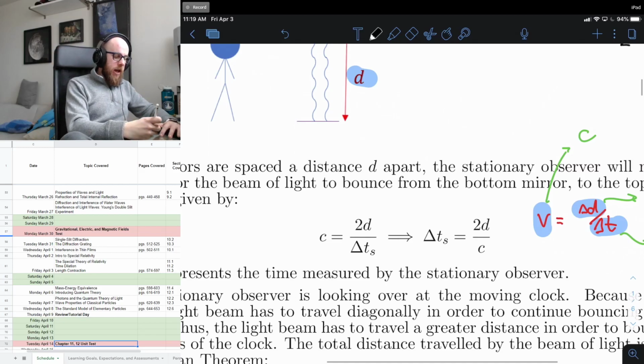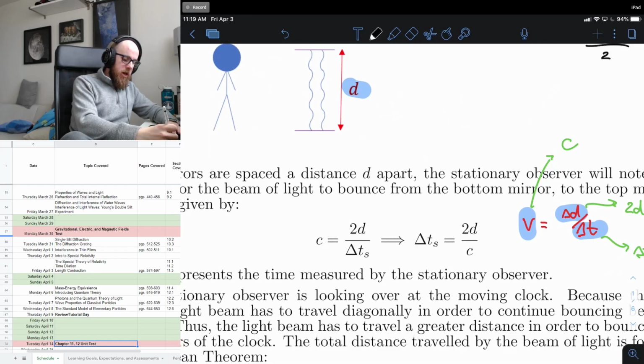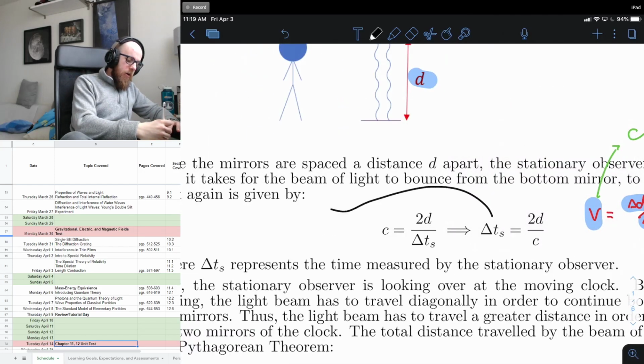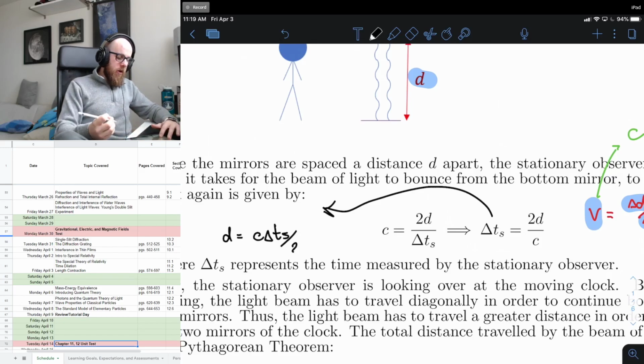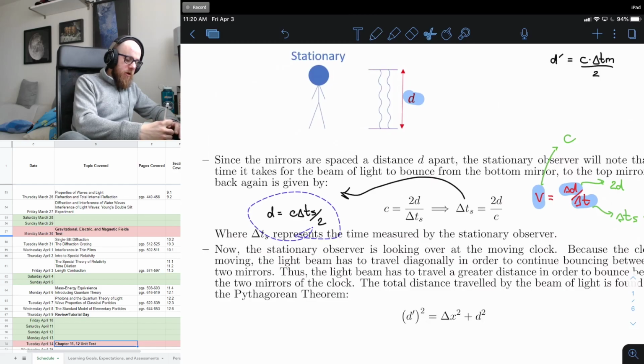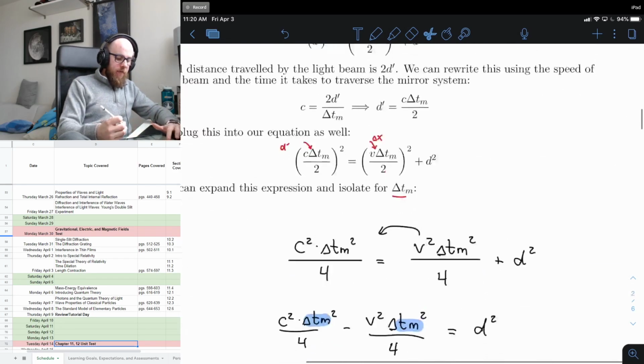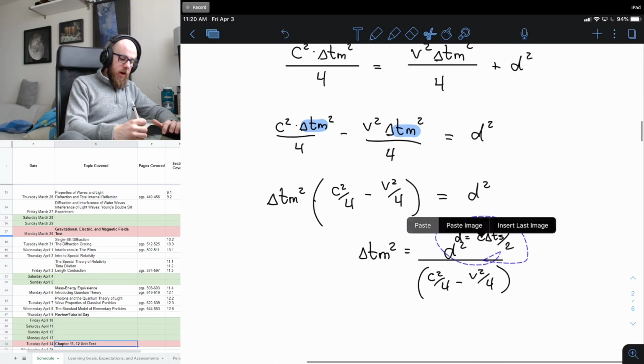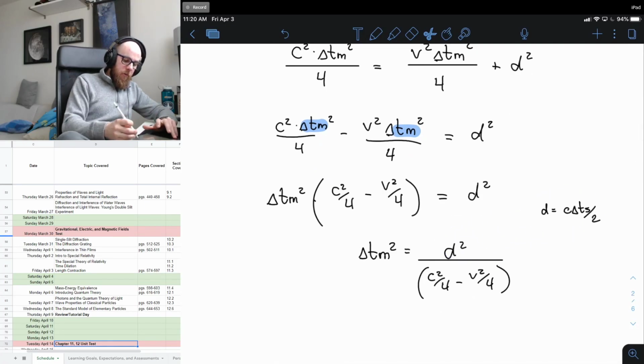And so what I can do is take this formula and rewrite d in terms of the other variables. So when I do that, I get d is equal to c delta ts over 2, okay? And so I'm going to bring this down and substitute it in for d in this expression here. So I'm going to plug this in for d.